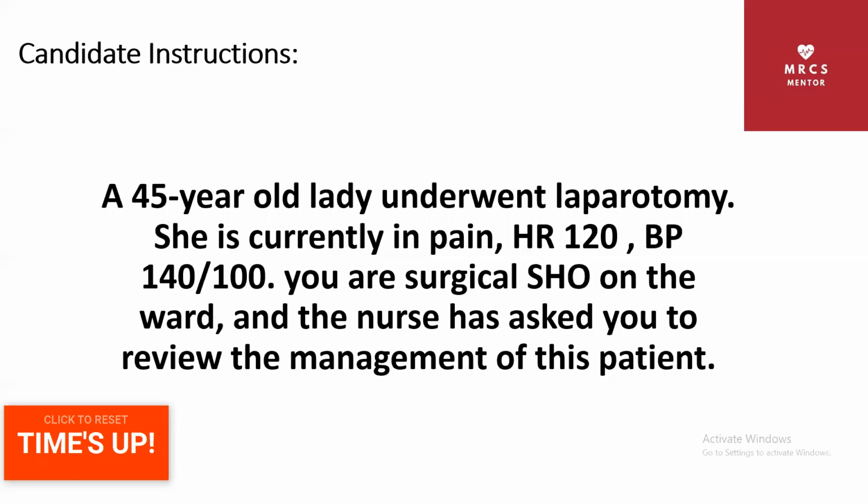Okay, Dr. Ahmed, what are the ways to assess pain? Well, there's visual analog score and the verbal pain intensity score. There's also the numeric scale from 0 to 10.